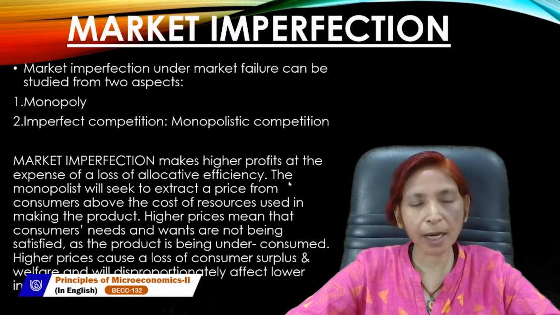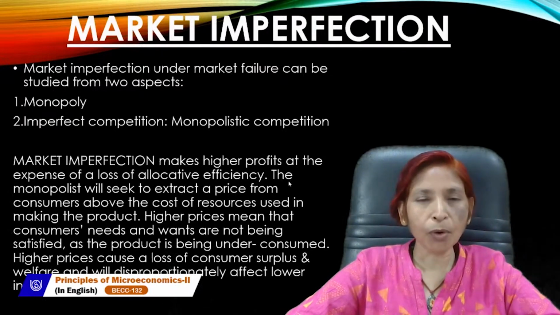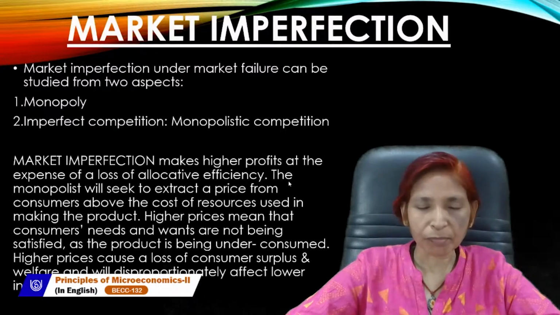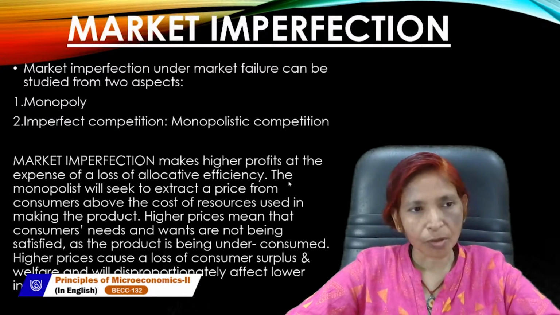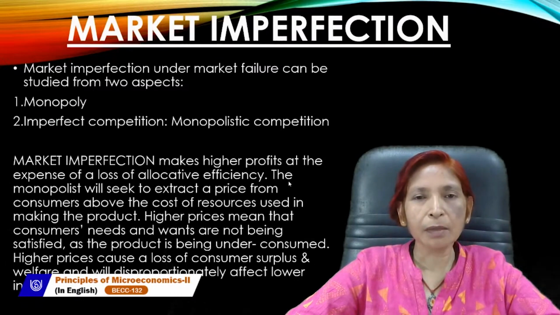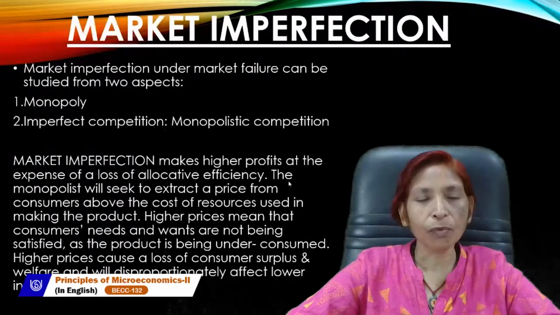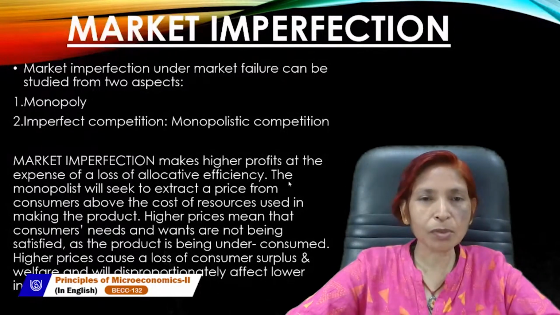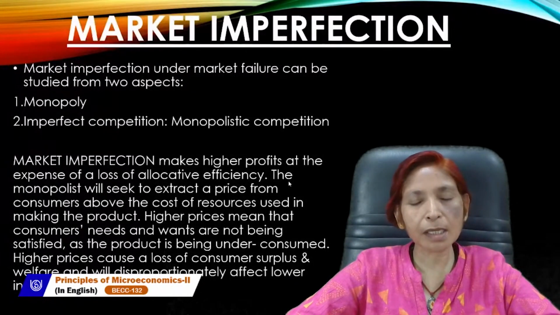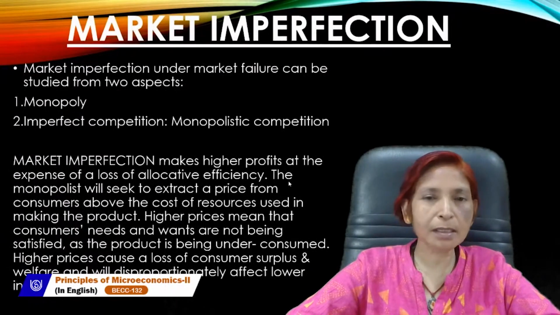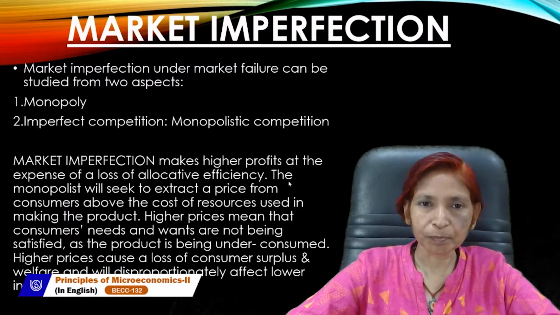The main reason is that a monopoly firm always determines the price level and output level. In a monopoly market only a single seller exists, and the single seller wants to earn maximum profit, so the producer will always increase the price level and decrease the output level.